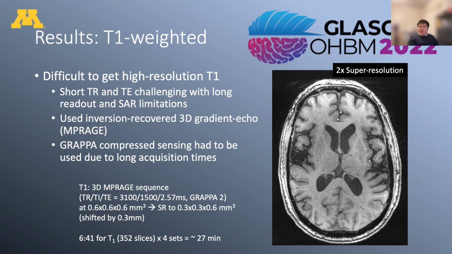Hence, we used a 3D MP-RAGE sequence with GRAPPA and compressed sensing to acquire a 3D T1 volume at 0.6 millimeter isotropic resolution. And this, we acquired four of it to make it 0.3 by 0.3 by 0.6 resolution images.